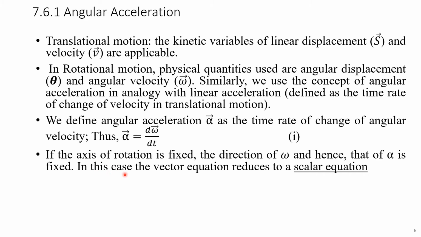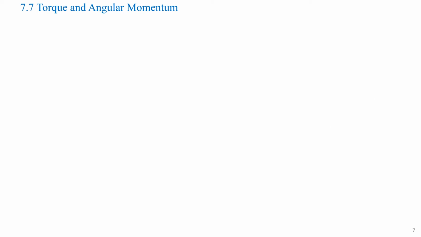In this case, that is, when the axis of rotation is fixed, the vector equation reduces to a scalar equation. Hence, we remove the vector sign and simply write alpha is equal to d omega by dt. This is angular acceleration. Torque and angular momentum.